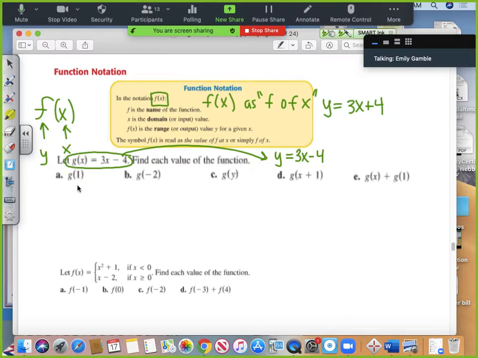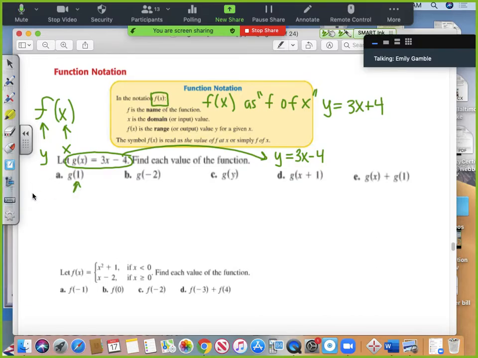The way these problems work is they're going to ask us to solve a problem, and you have to understand what it's saying without it saying much. This problem says g of 1. This means find the value of the function when x is equal to 1.